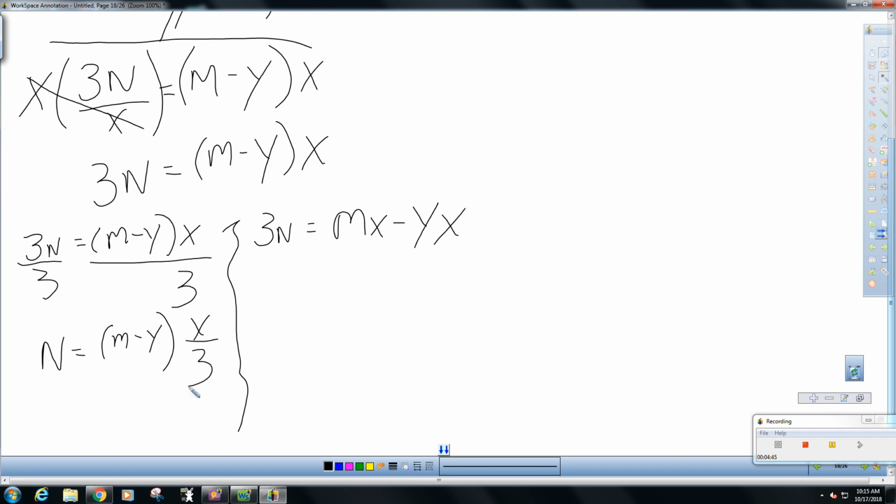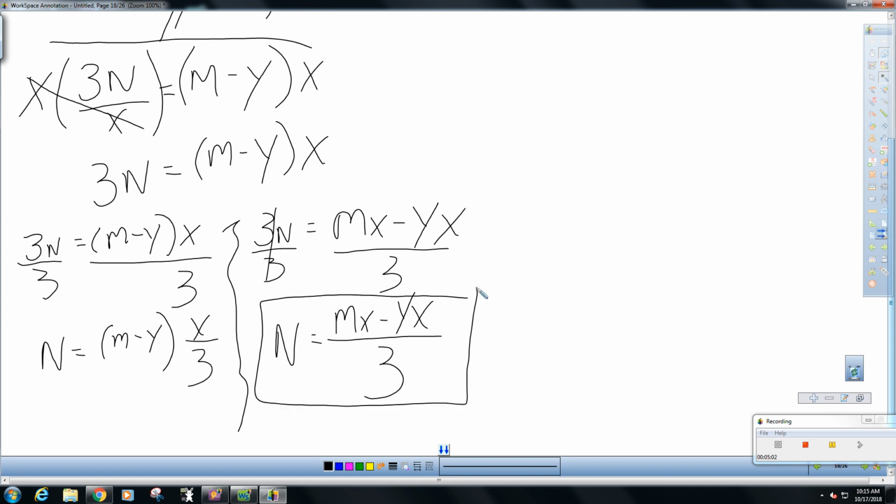But another way to write this would be n equals mx minus yx all over 3. These are equivalent. They're the same thing. I would take either one of them. Okay, does that help? All right, now I'm going to scroll back up.